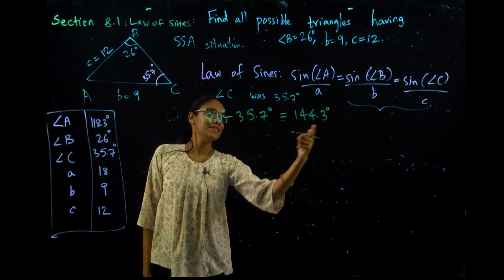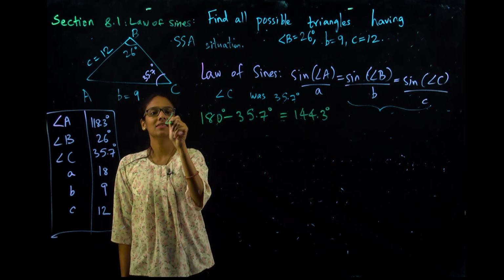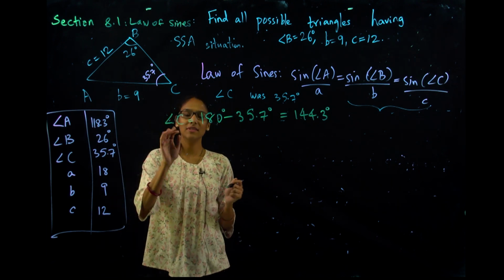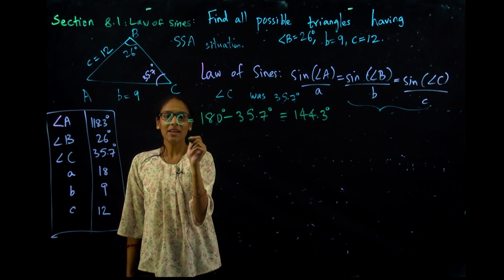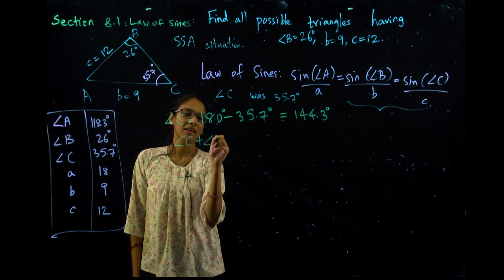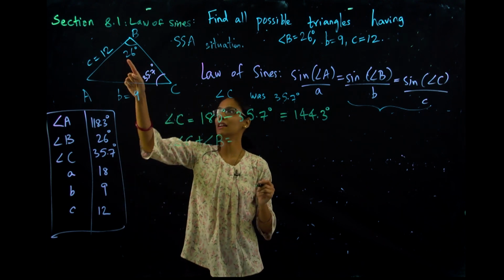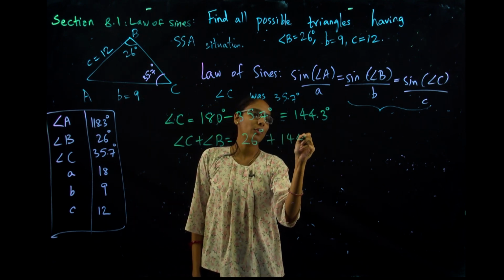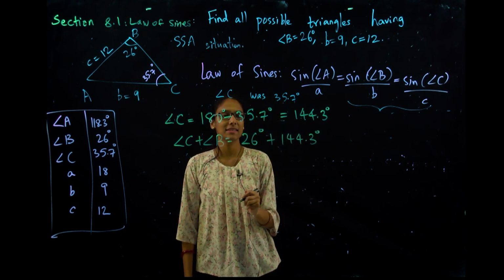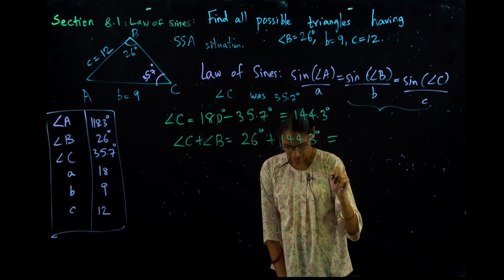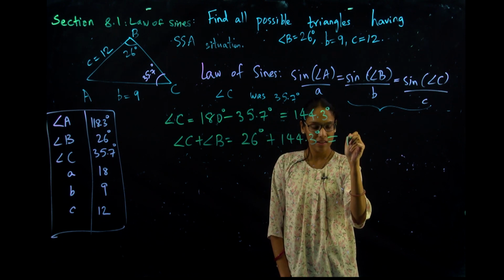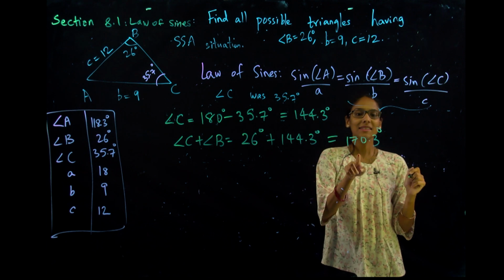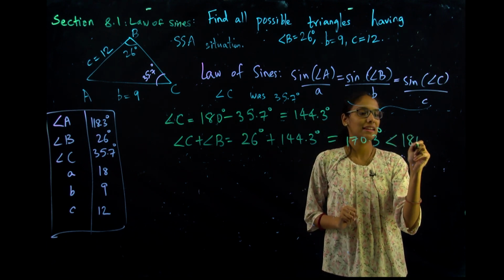Now, consider the supplementary angle as your angle C for the next possible triangle. Now, if this is your angle C, to check if it's possible to have another triangle, let's add the given angle, which was 26 degrees, to this angle, 144.3 degrees. And what we end up getting is 170.3 degrees. This measurement, as you note, is less than 180.